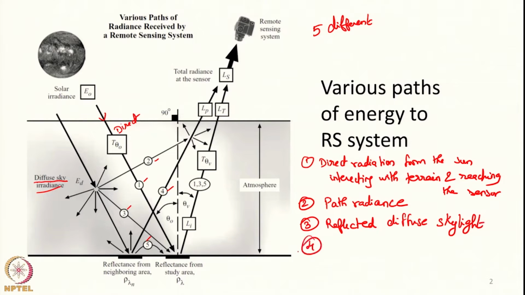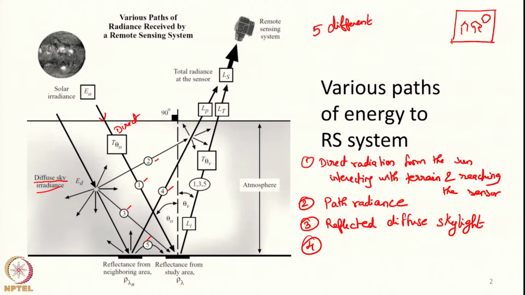Path 4. Sunlight will not only fall on our object of interest. If you take one area over which a sensor is looking at, let us say the sensor is looking from the top over this area and we have a small house here, a tree here, a small pond and everything. Let us say everything is covered within a single area which image is actually looking at.